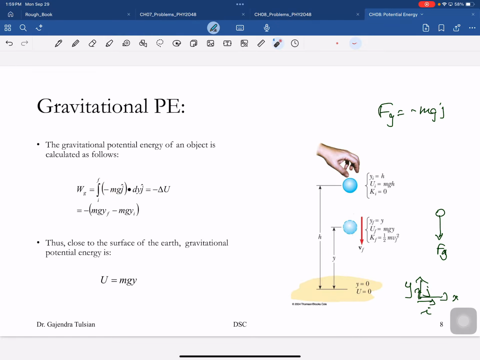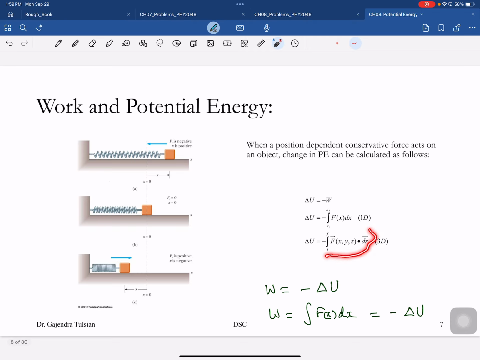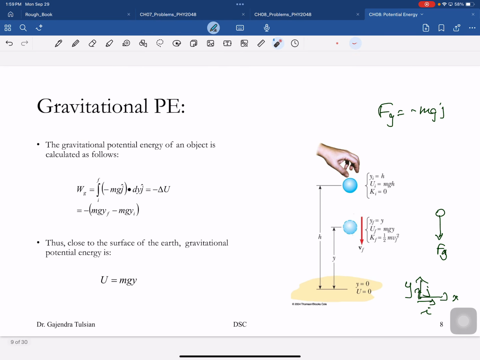And what we've done here is we've used this equation: the force dotted with the displacement. And here's the displacement along the y-axis, dy j. j dot j is 1, and so the work done by gravity is the integral of minus mg dy from y initial to y final.